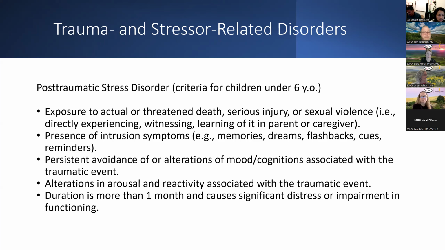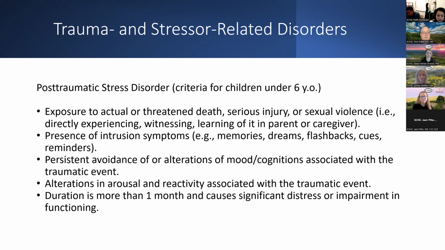Next slide. And then there's post-traumatic stress disorder, which has a lot of diagnostic criteria, but for children under 6, usually the official full diagnosis of PTSD is related to exposure to actual or threatened death, serious injury, or sexual violence, either by directly experiencing it, witnessing it, or learning about it from a loved one, like a parent or caregiver.